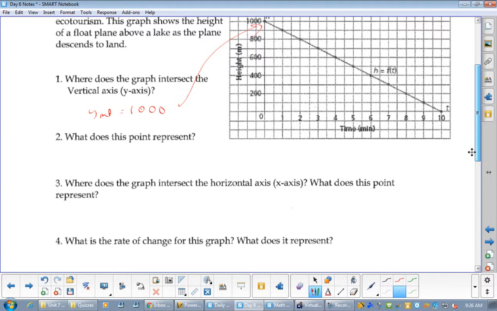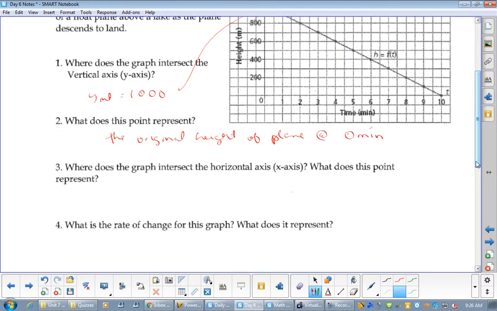Okay? What does that point represent? So it wouldn't really be, we don't know, not the start of the flight, but kind of the start of the timing, I guess, right? So the original height of the plane at 0 minutes.